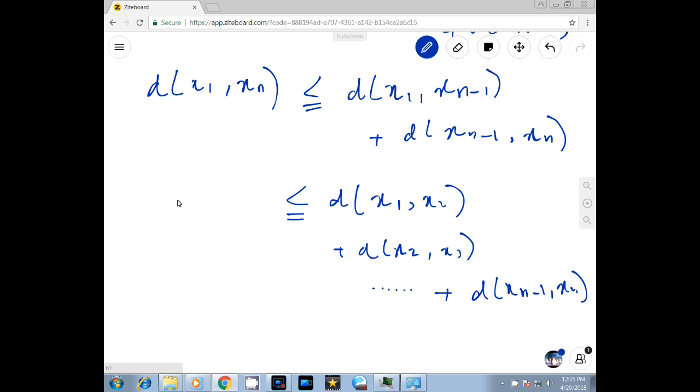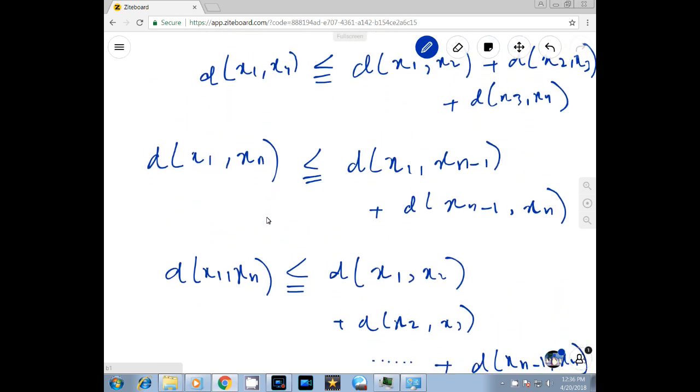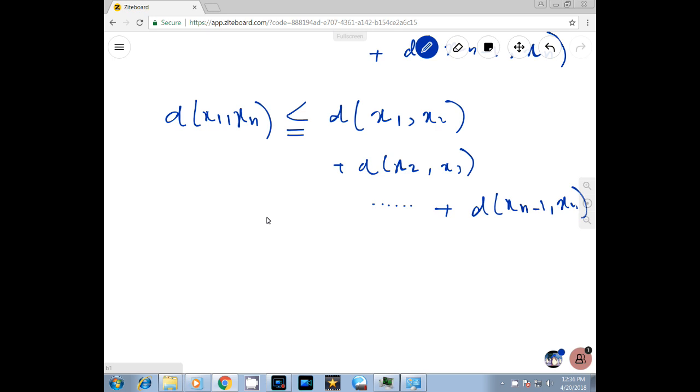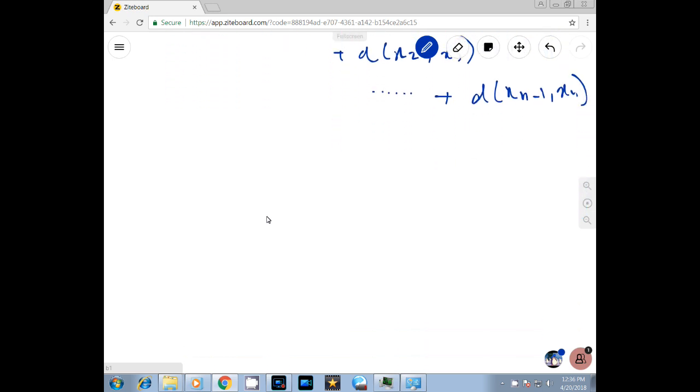So this formula is called the generalized triangle inequality. Hopefully you have understood it quite clearly. It was quite obvious. We have proved this formula now.